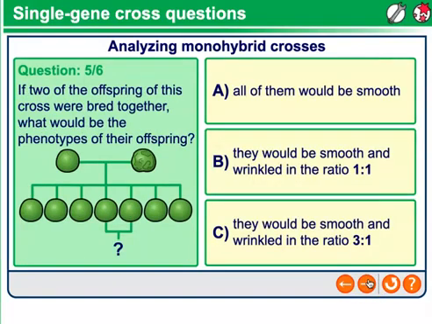Question 5. If two of the offspring of this cross were bred together, what would be the phenotypes of the offspring? With this cross, they would be smooth and wrinkled in the ratio of 3:1.